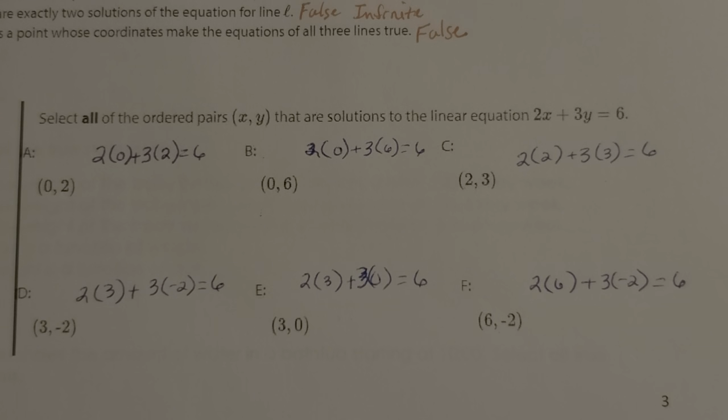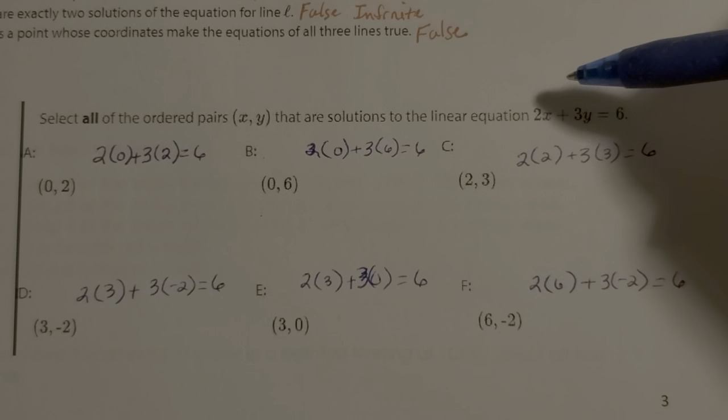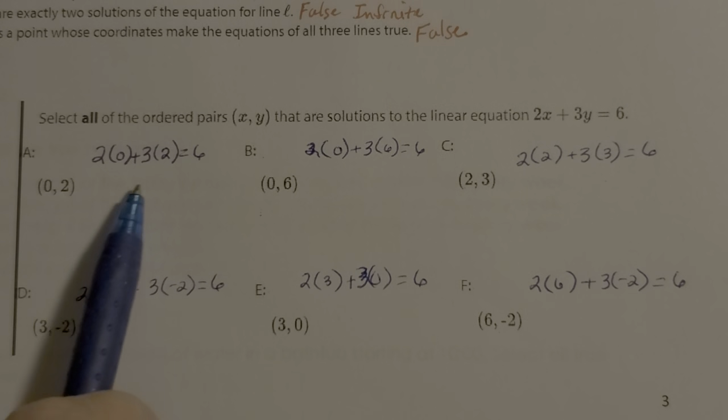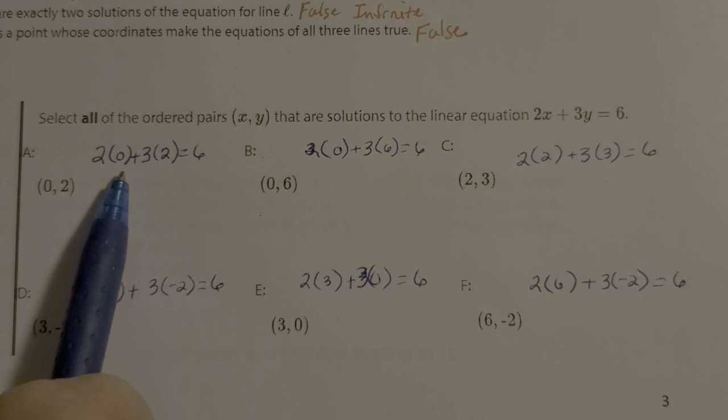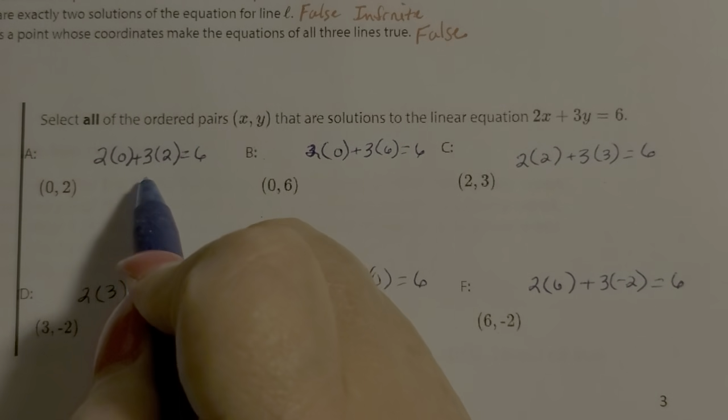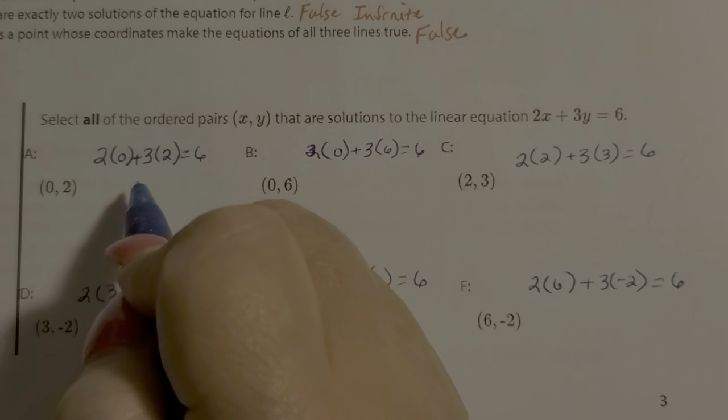Question 4 says select all pairs of x and y that are solutions to the linear equation 2 times x plus 3 times y equals 6. So I substituted my x and y into the equation, each one of these into that same equation, and now I'm going to see if they come out equal. 2 times 0 is 0, 3 times 2 is 6, 6 plus 0 is 6.